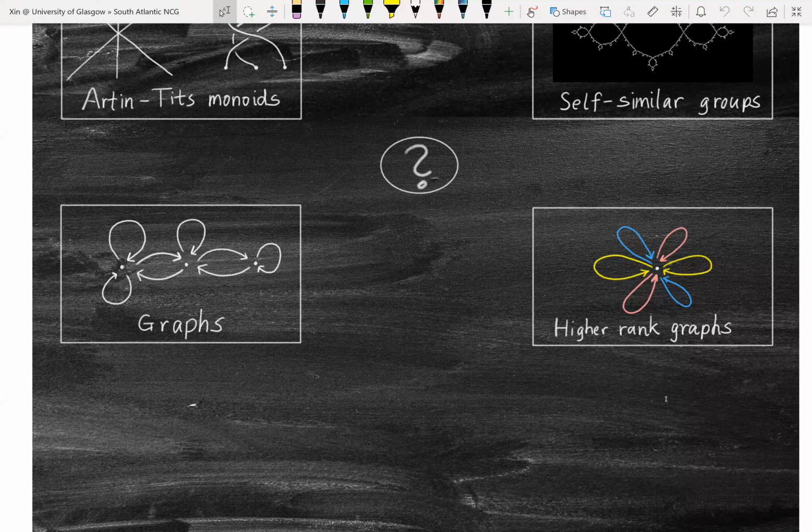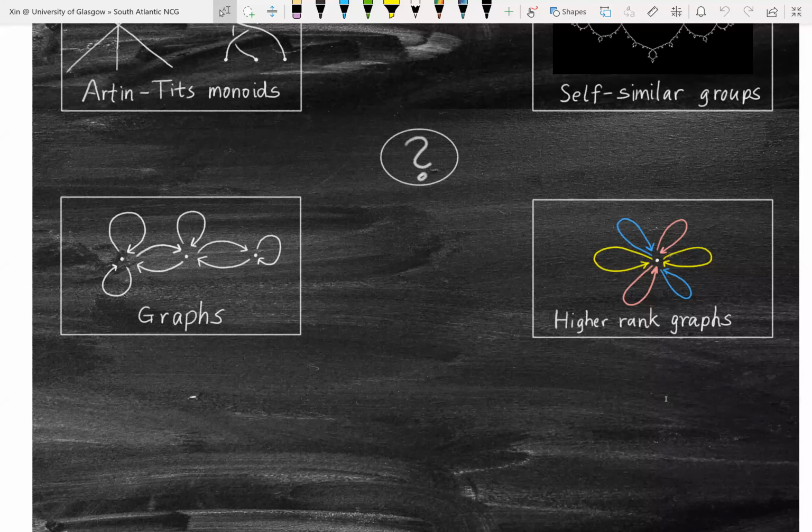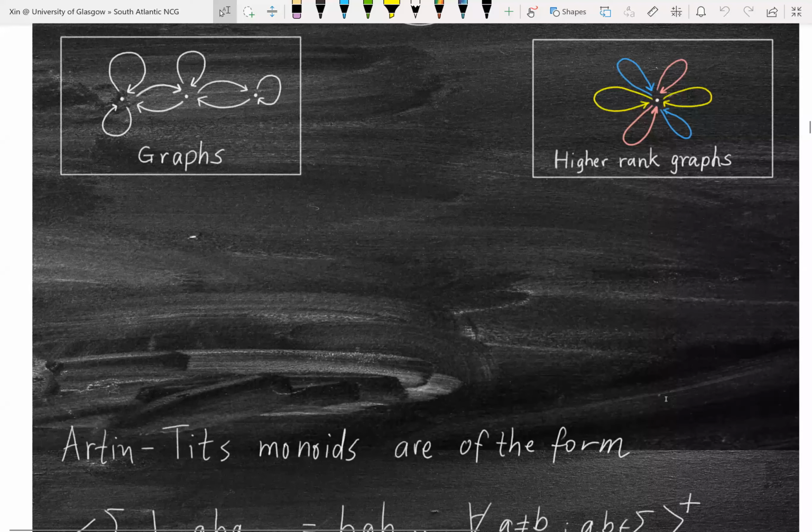So that's roughly speaking the idea. It's actually quite tricky because you can't just impose any relation. To get associativity and so on, there are some constraints. So this is very roughly speaking the notion of higher rank graphs.